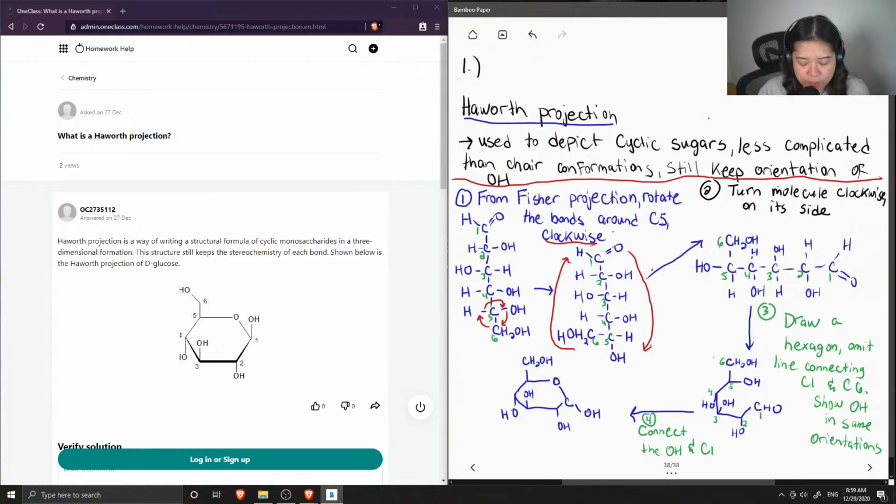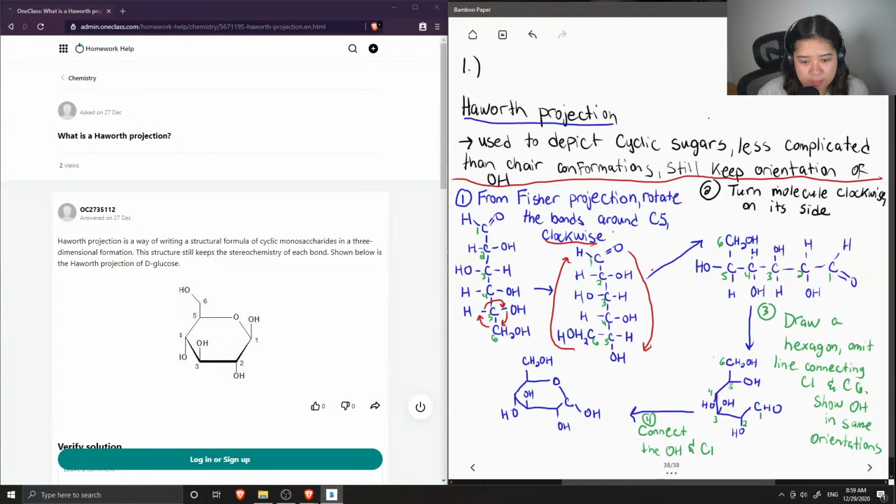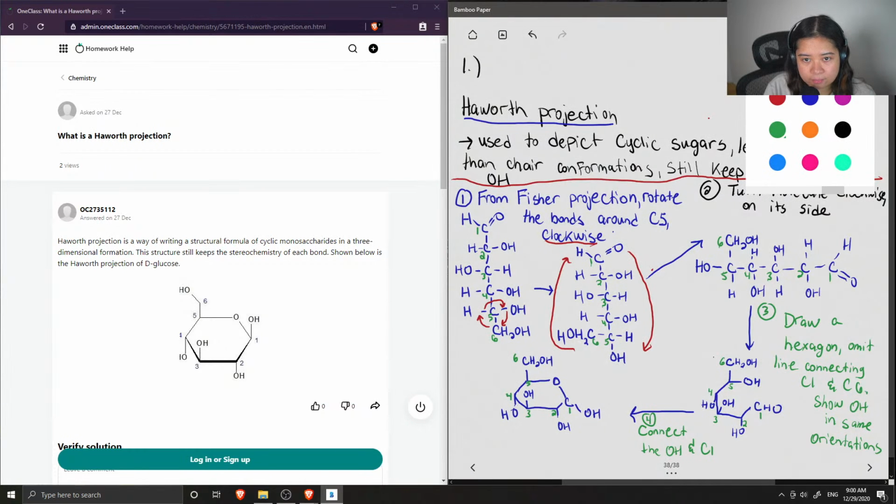So I'm going to show the alcohol group on carbon 1 pointing down, but note that for this example, it can point either up or down, just because it wasn't specified when it was a carbonyl. And then this is the finished Haworth projection.